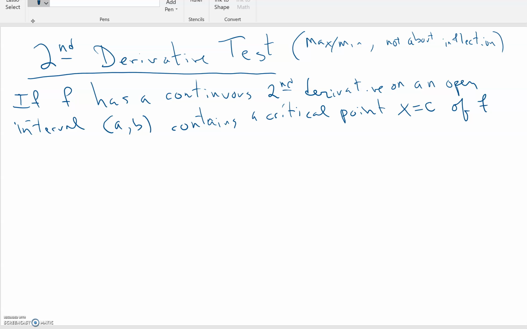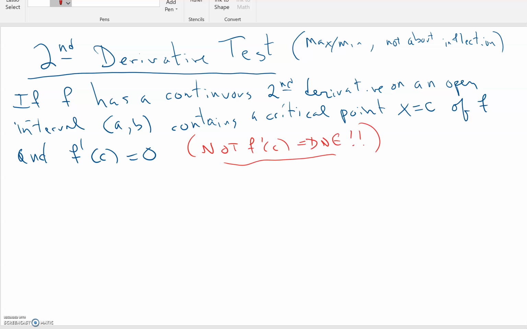Furthermore, it needs to be a particular kind of critical point, where the derivative is 0, not a DNE. So this does not work if it's a DNE.